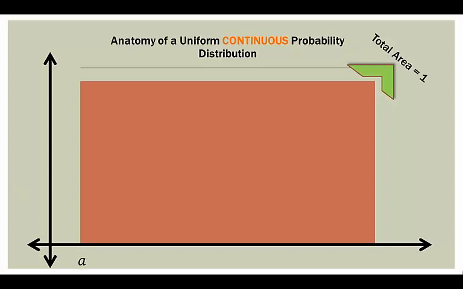We call one end A on the left, the other end B on the right, and then we talk about the width of this rectangle. The width of the rectangle is B minus A. Of course, the distance to B from the axis minus the distance from the axis to A leaves us with the distance between A and B. So that is the width of this rectangle.